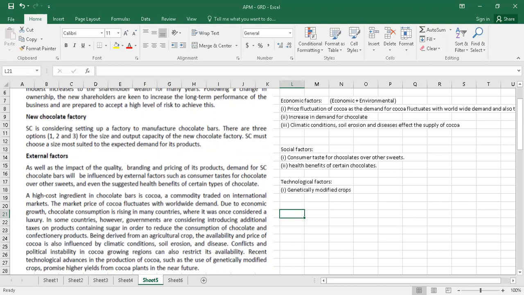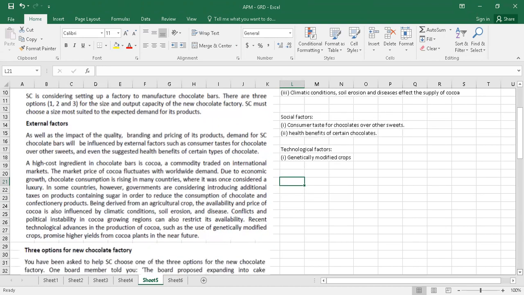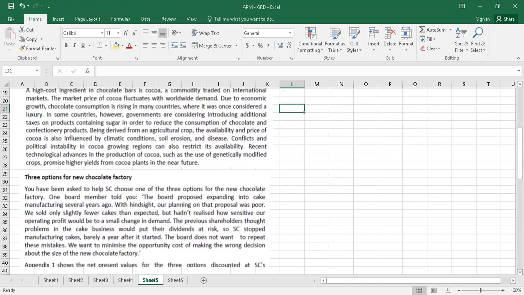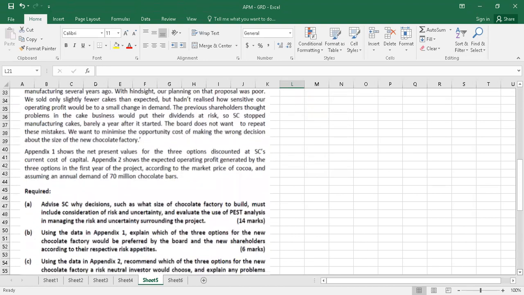See, the content is already there in the case study itself. Just that you have to identify and categorize them, and present it under the respective heading. That's it. The next question, which is for 6 marks, says that using the data in Appendix 1, explain which of the 3 options for the new chocolate factory would be preferred by the board and the new shareholders according to their respective risk appetite.